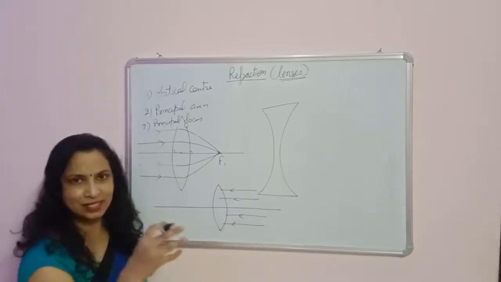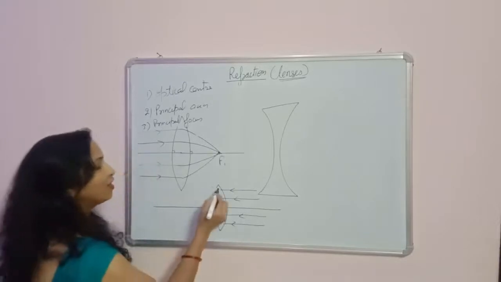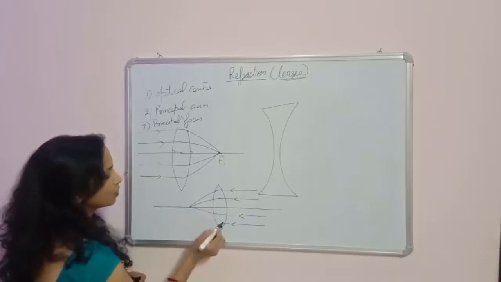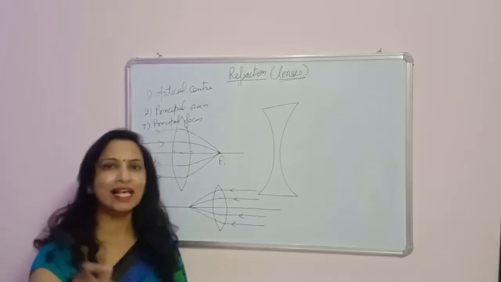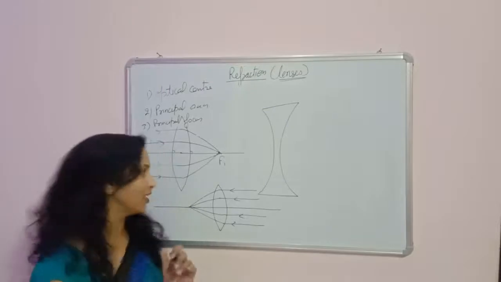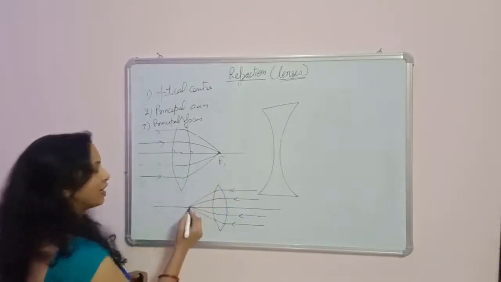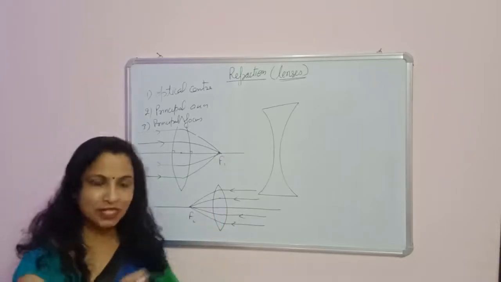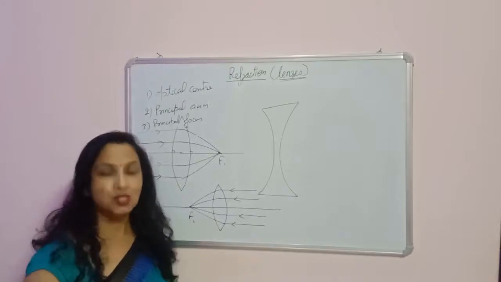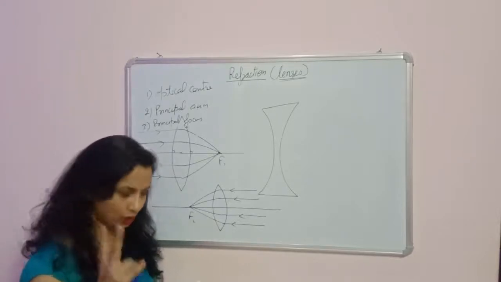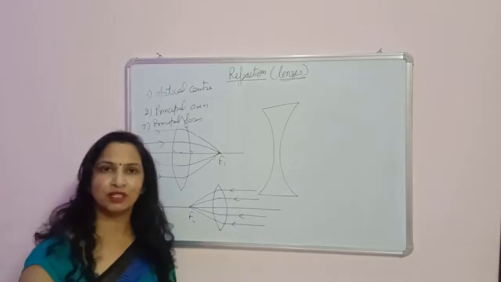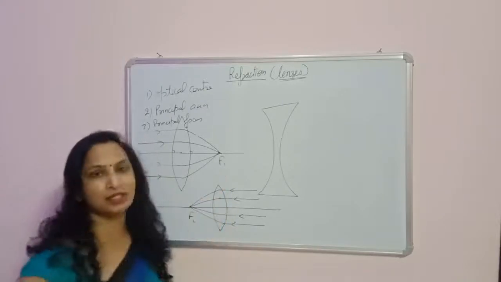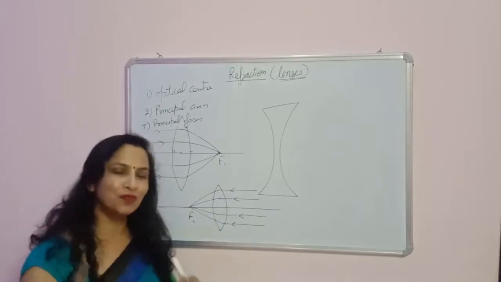Again, this lens, since it behaves like a converging lens, will converge all the light rays at a point on the principal axis. This is called the principal focus. It means a lens has two focus, one on either side. One is towards this side and second one is towards this side. F1 and F2. We represent it by writing F1 and F2. So a lens has two principal focus. And generally when we draw diagrams related to these lenses, we will use only this focus. But a lens has focus on both the sides.